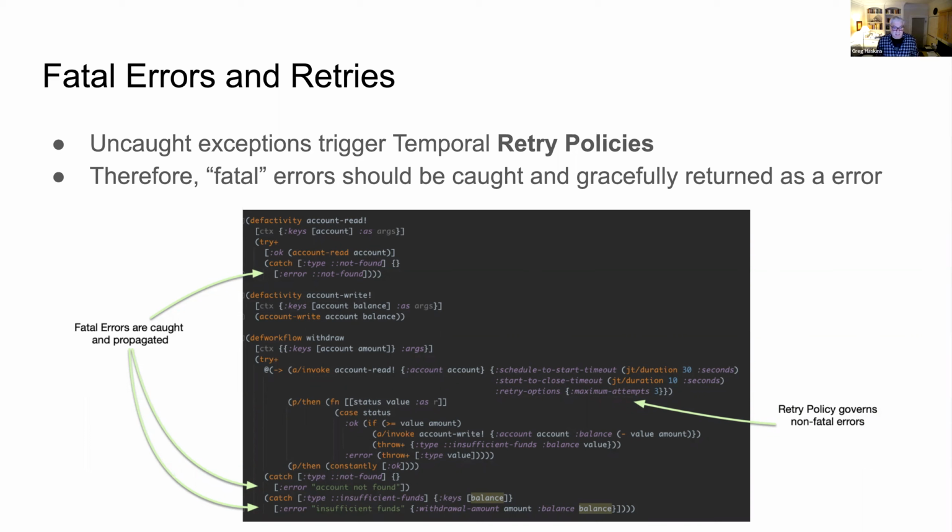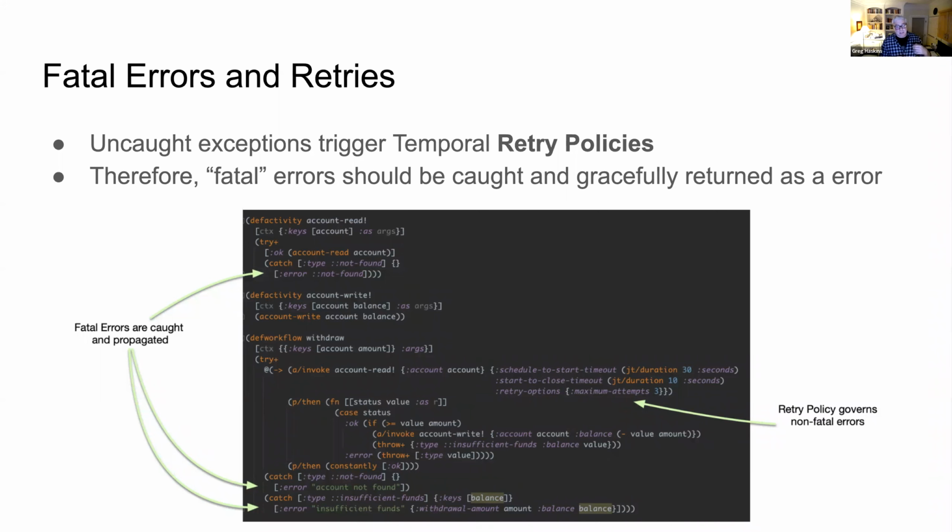But take non-fatal errors: to go to my original example, I'm doing a database update and a Kafka message send, and let's say my database went down for 5 seconds when I tried to do the write. The activity sending the database write might fail, and that would presumably be non-fatal because the database hopefully comes back at some point. So you can have Temporal retry that for you.